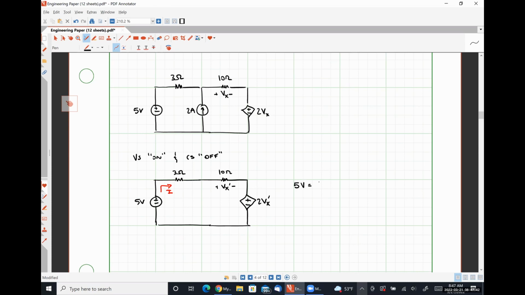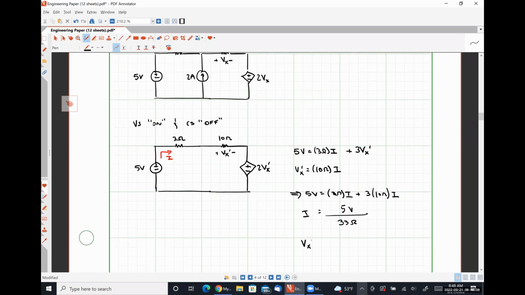5 volts is equal to 3 ohms times I plus 3 Vx prime, where Vx prime is simply 10 ohms times I from Ohm's law. So we would have 5 volts is 3 ohms times I plus 3 times 10 ohms times I, so I would be 5 volts over 33 ohms.